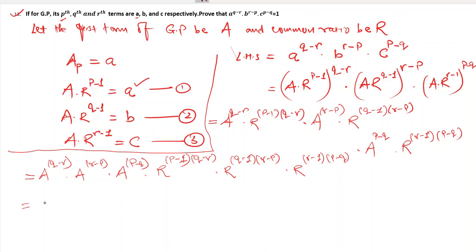Okay, let's add the powers of A. It will be q minus r plus r minus p plus p minus q, right? Because you know that a raised to m into a raised to n is a raised to m plus n, the law of exponent. Here the powers of r will be added. So r raised to p minus 1 into q minus r plus q minus 1 into r minus p plus r minus 1 into p minus q.